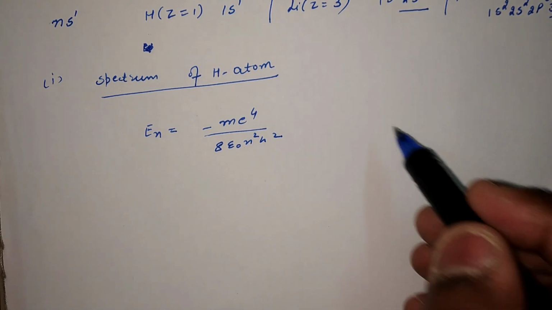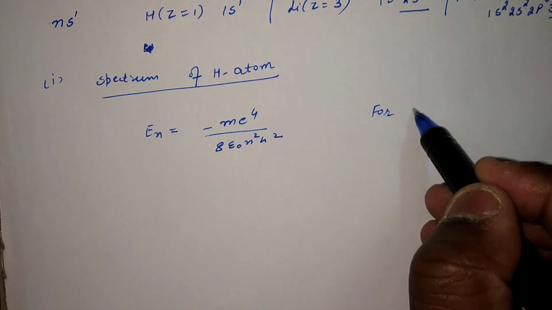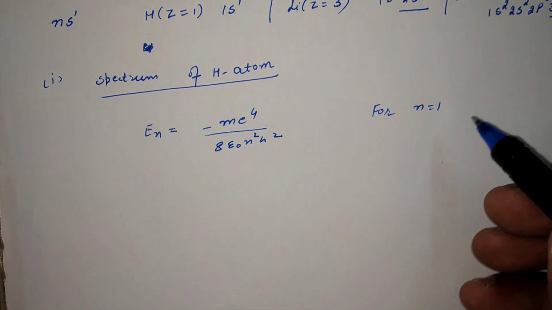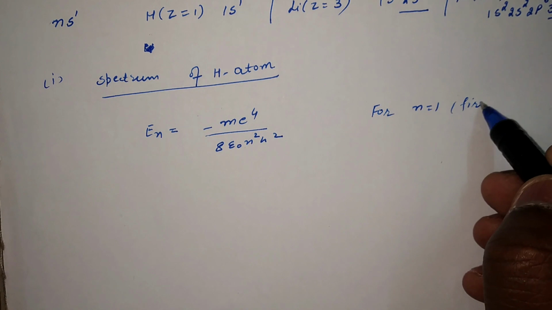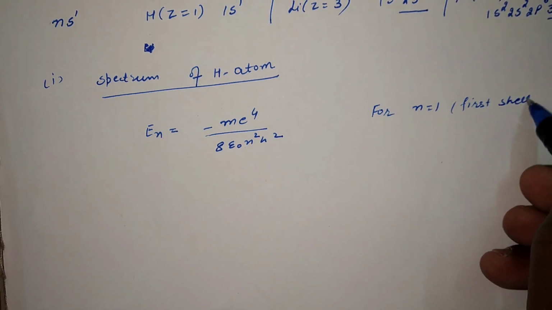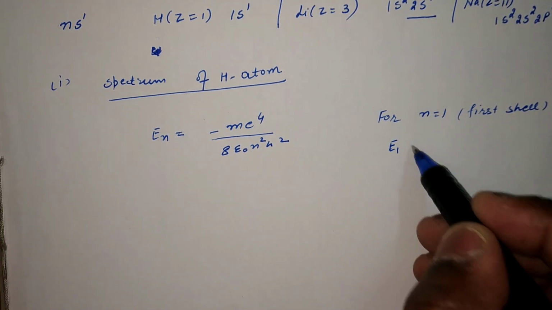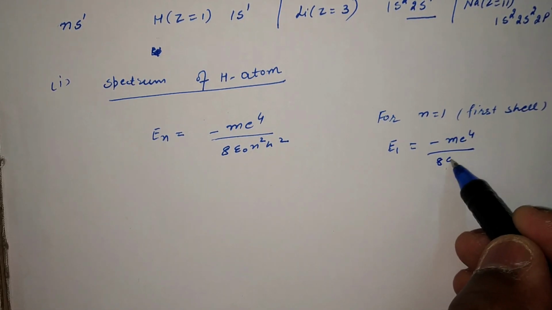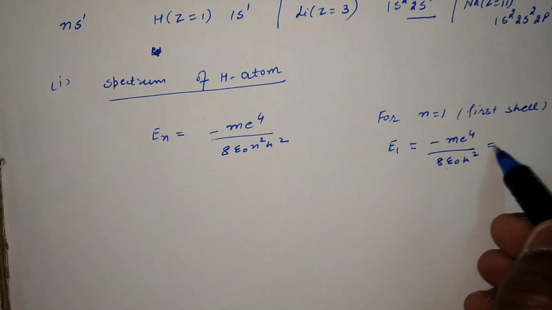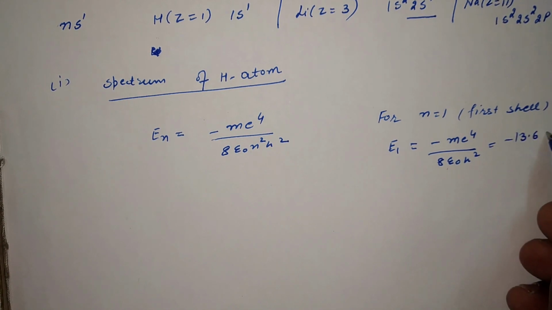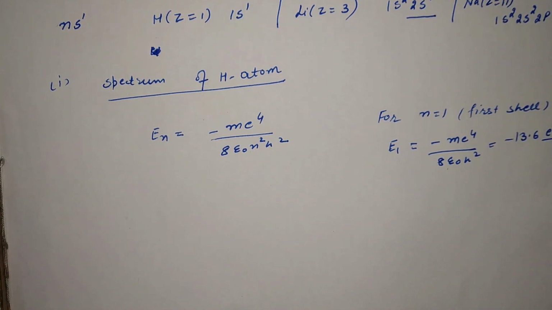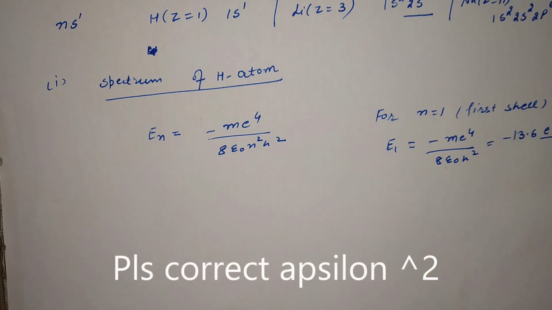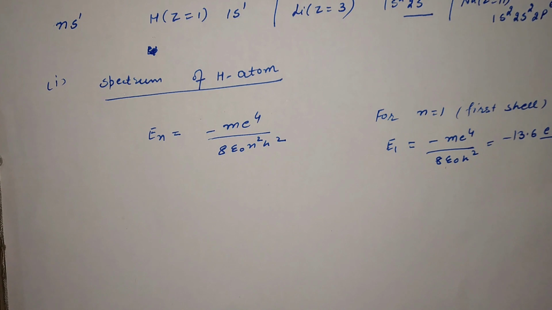For example, for n equal to 1, the first shell, the energy is minus 13.6 electron volt. The spectrum of the hydrogen atom is due to the transition of the electrons from higher energy state to lower energy state.